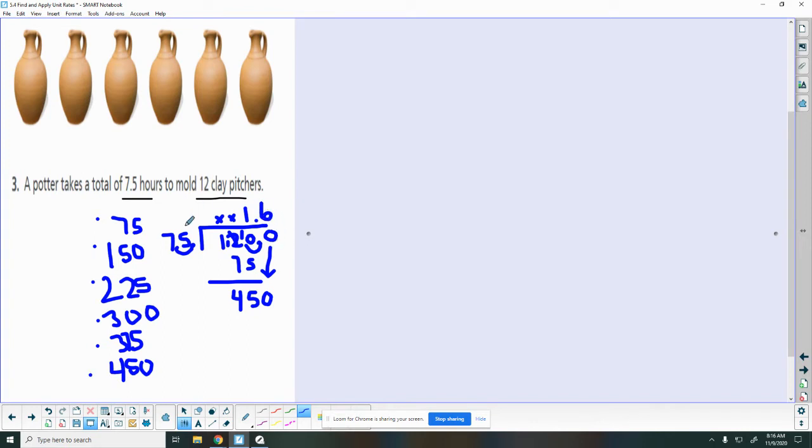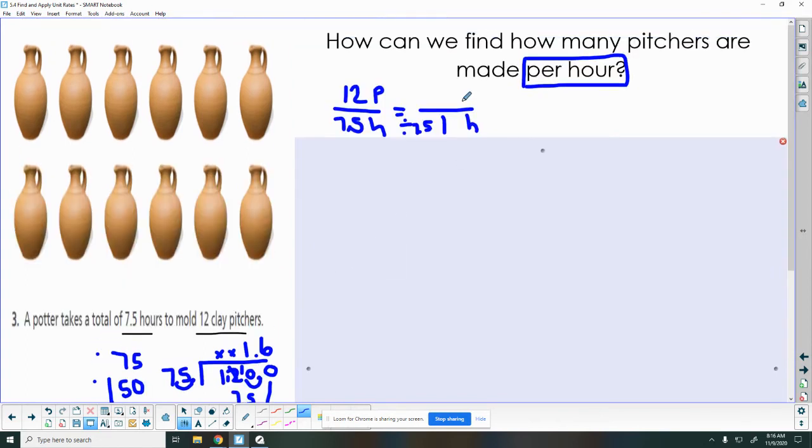1.6. So it went in there exactly. So there's nothing left over. So every time she spent an hour, she makes 1.6. So about 1.5 pitchers every hour, which makes sense because if I do 7.5 times 1.6, the answer will be about 12.